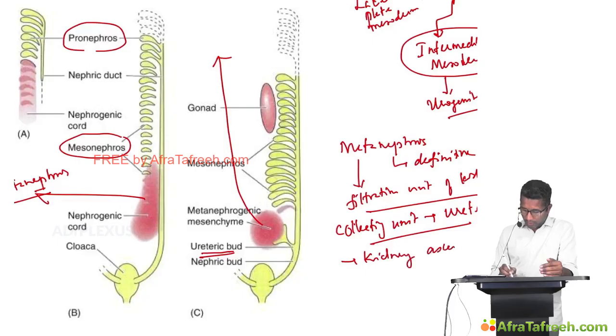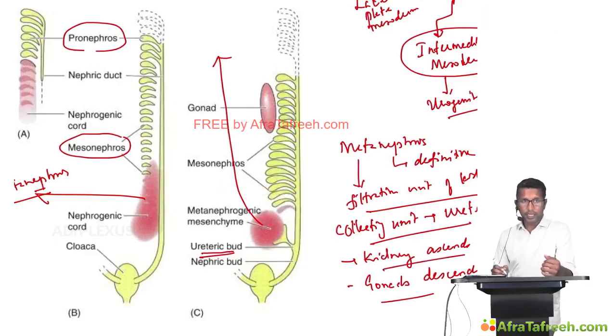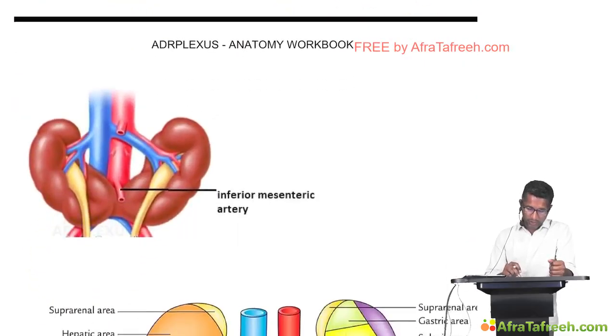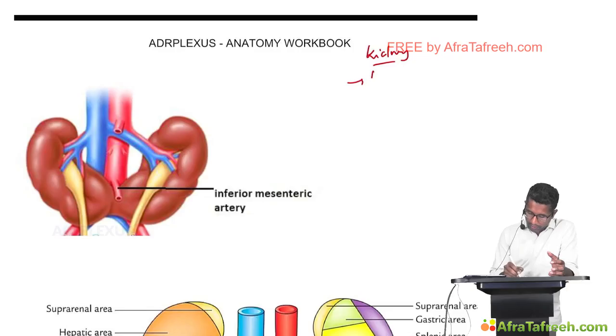The testis and ovary, the gonads, descend, but it is the kidney which ascends from the pelvic area to the lumbar area. When it ascends, it carries the ureteric bud along with it, forming the ureter. So this is about the development of the kidney. The kidney is an organ occupying mainly the lumbar region.